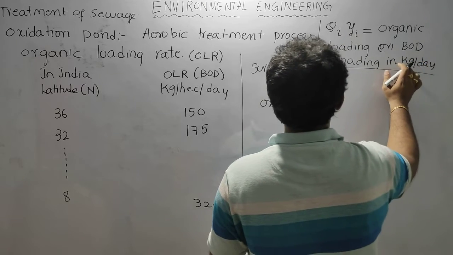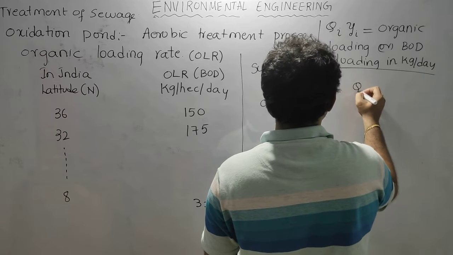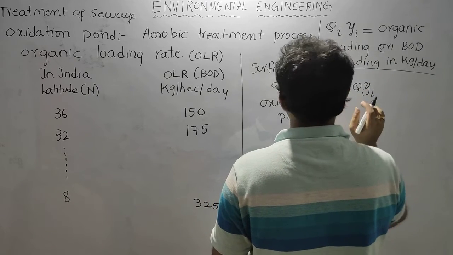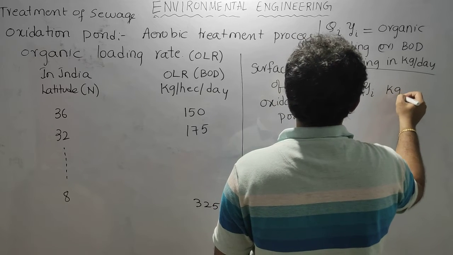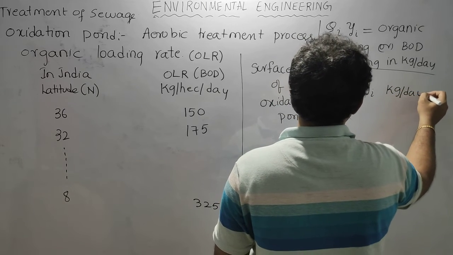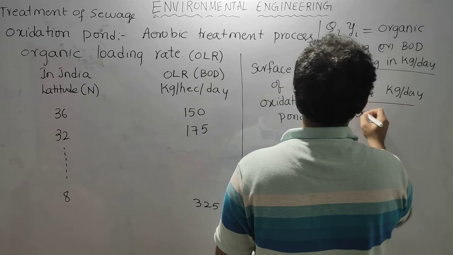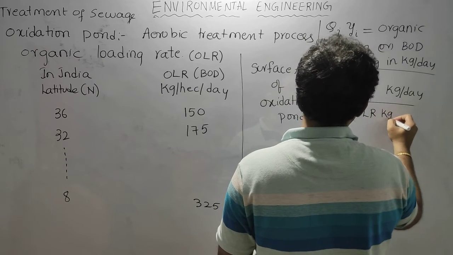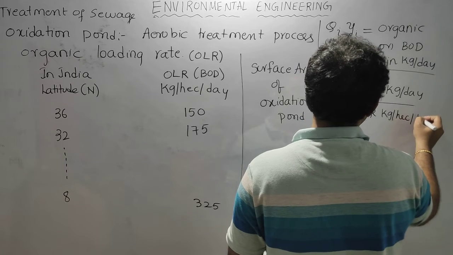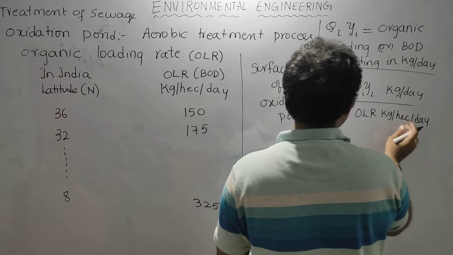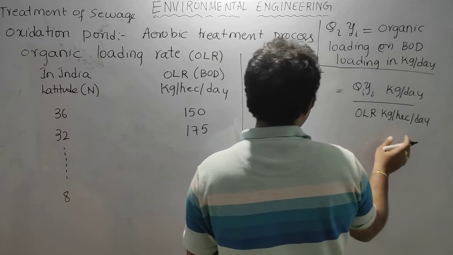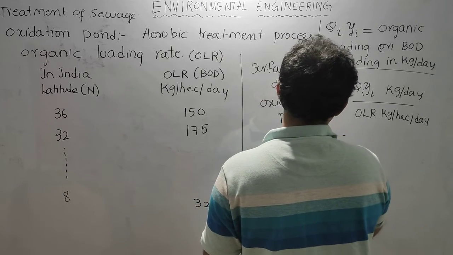So Qi Yi is the numerator, and its unit is kg per day. And if you know the organic loading rate in kg per hectare per day, then by dividing these two, you will get the surface area in hectares.